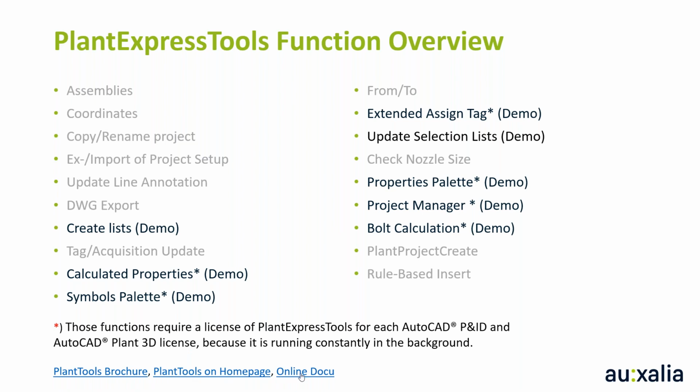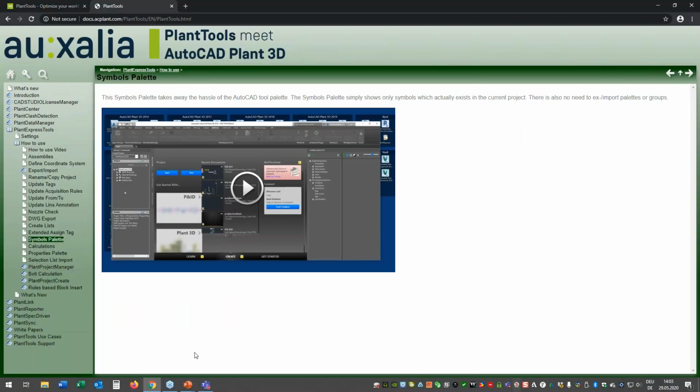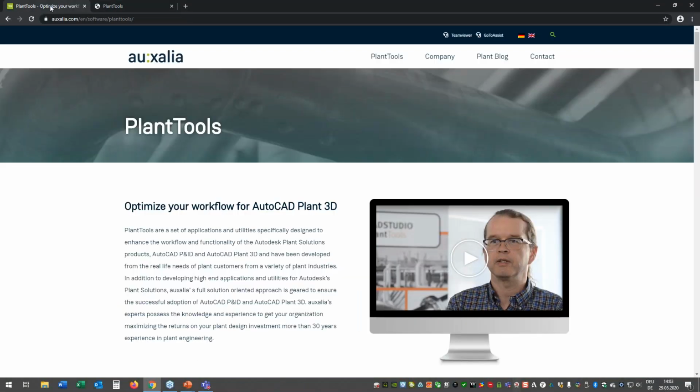I also added some links to download the PlantTools brochure, which contains all the detailed information of all of our plant tools, not just the PlantExpressTools. For more information and some short videos, I recommend our homepage.